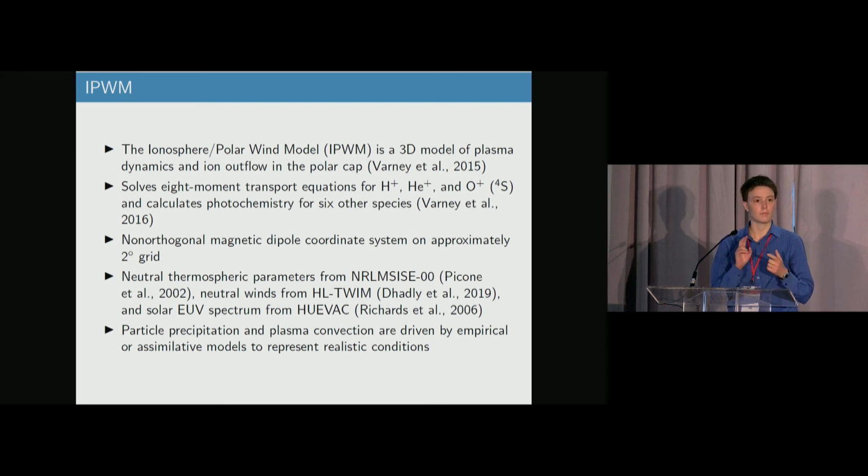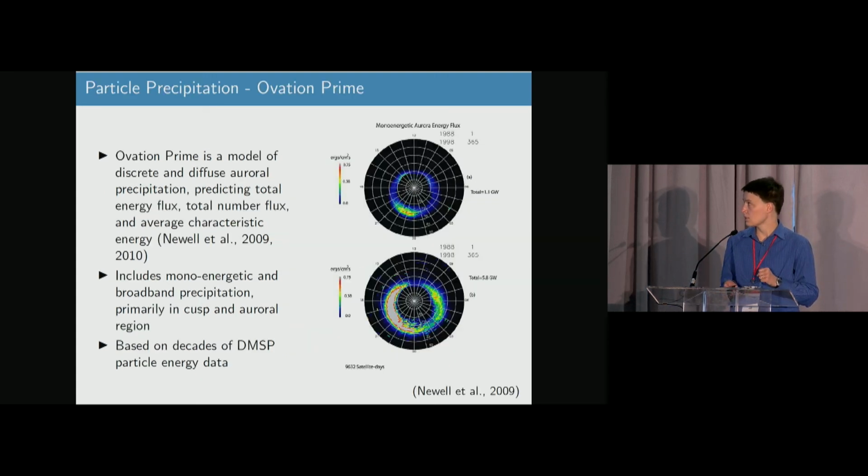Particle precipitation and plasma convection are things that we are going to try and drive with empirical models and assimilative models, to create as realistic a background as we can. For particle precipitation, we use Ovation Prime. It's a statistical model, an empirical model based on DMSP particle energy data.